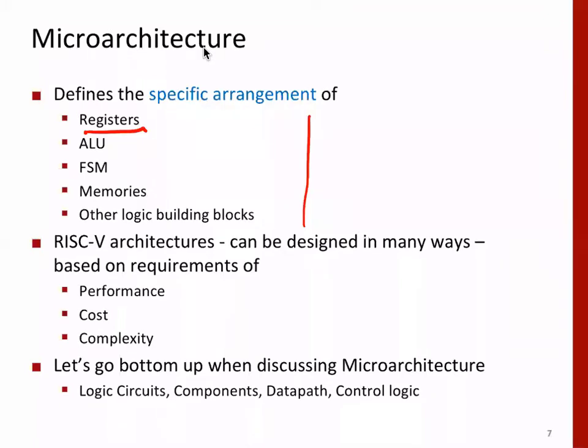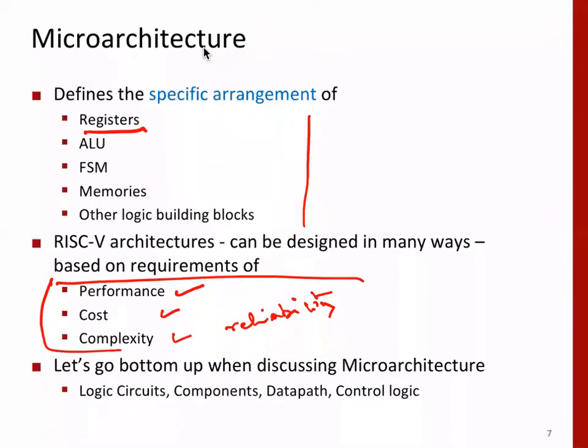So based on the requirement, we can design architecture or hardware, and these requirements at the top level are only a few: performance, cost, complexity, or maybe you can say reliability. Okay, so these are the few parameters that you have to consider while designing an architecture.